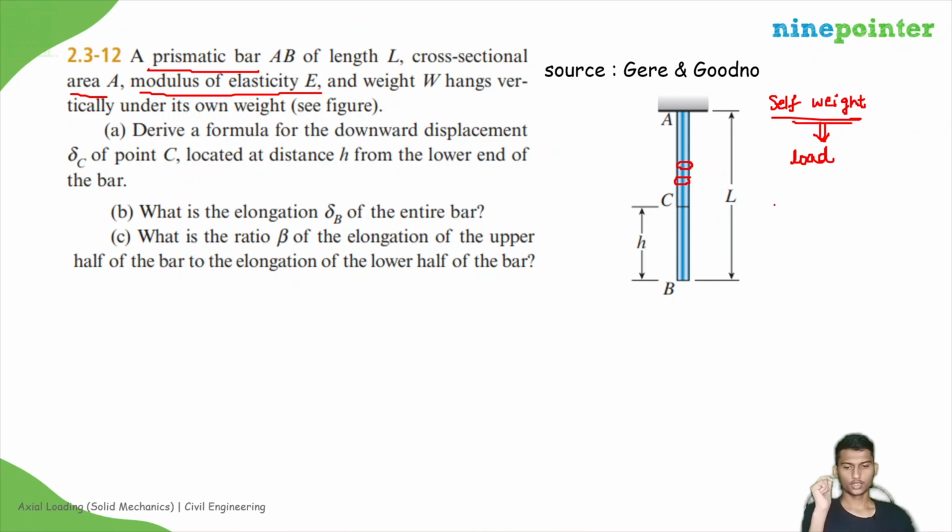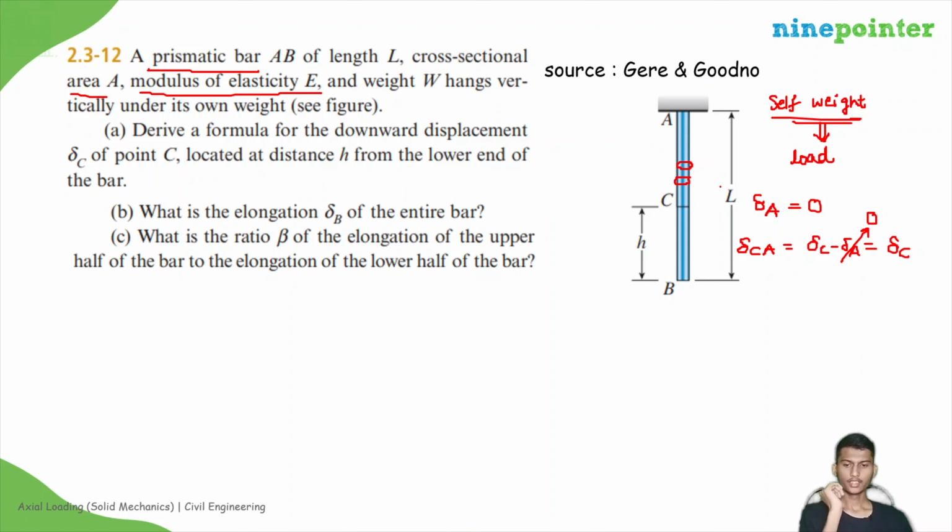We already know, as in the previous example also, that delta A is equal to 0, right? Because it is fixed. So whatever load you may apply, the material present at the fixed support will undergo no deformation. It means delta A will be 0. So delta CA can be written as delta C minus delta A, which is equal to delta C, since delta A is 0.